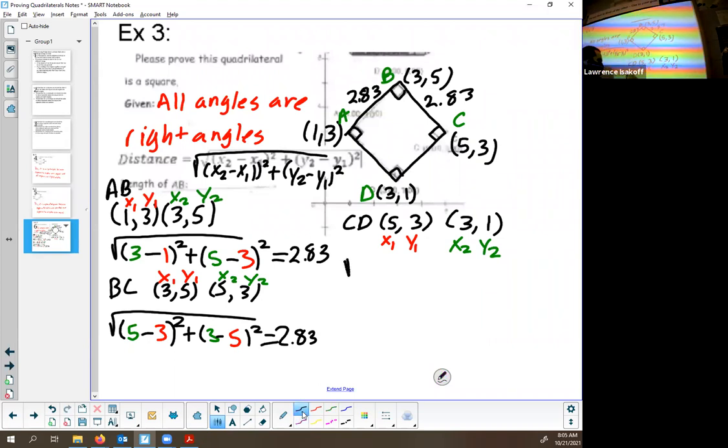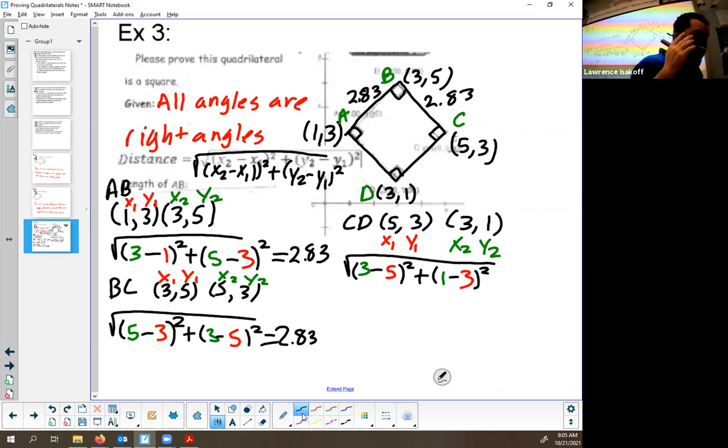It's going to again be the square root of X2, that's 3. Sorry about that. Minus X1, that's 5. Quantity squared plus, now Y2, that's 1. Minus Y1, that's 3.